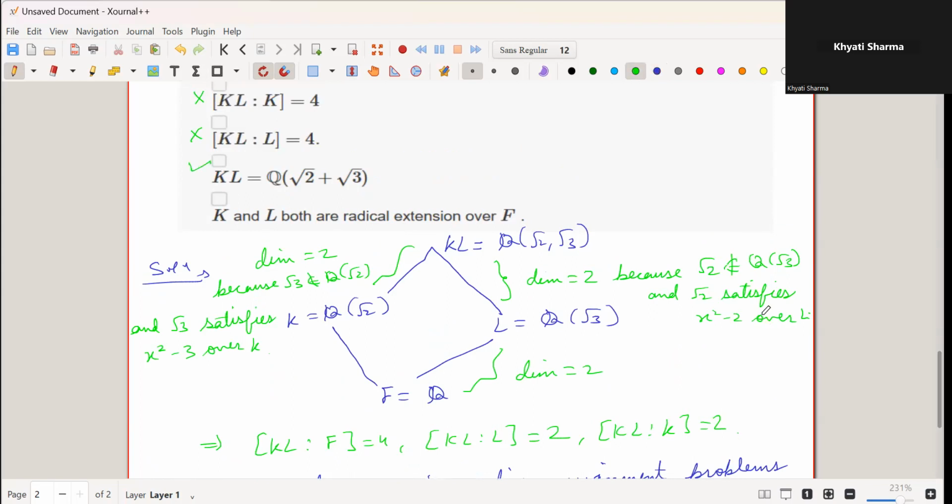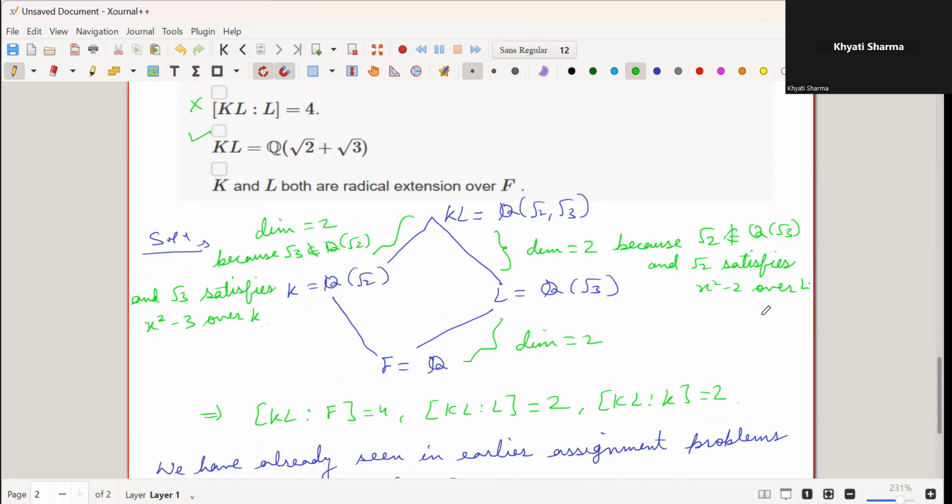And K and L are both radical extensions. This is also correct, because what was the definition of radical extension?